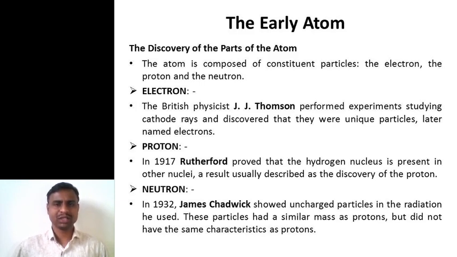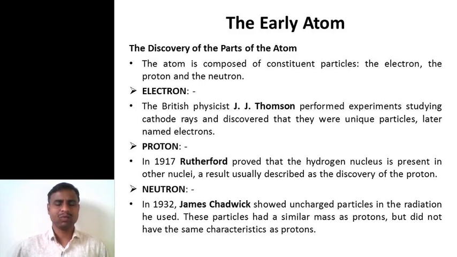J.J. Thomson performed experiments studying cathode rays and discovered that they were unique particles, and later on he gave the name electrons to the particles which form cathode rays. So electrons are nothing but cathode rays.